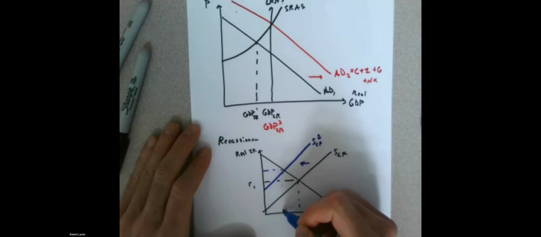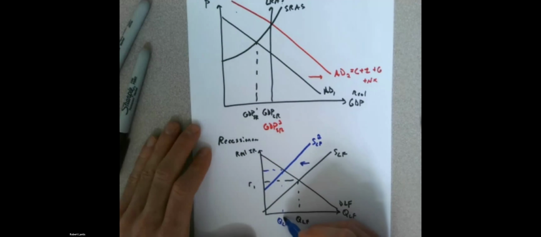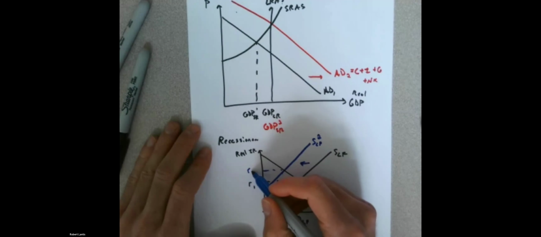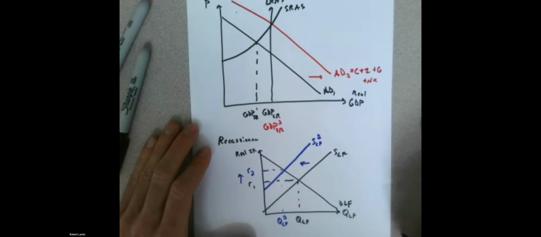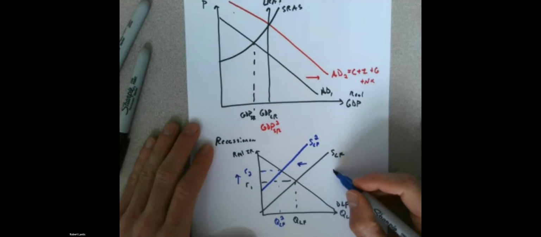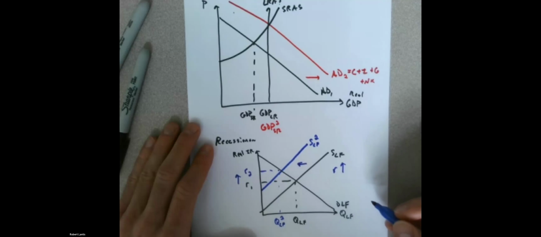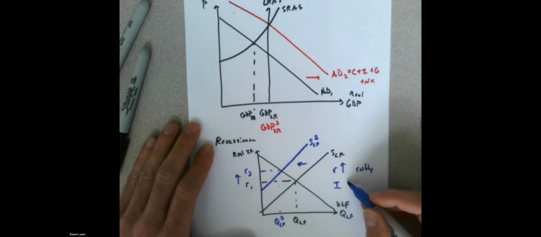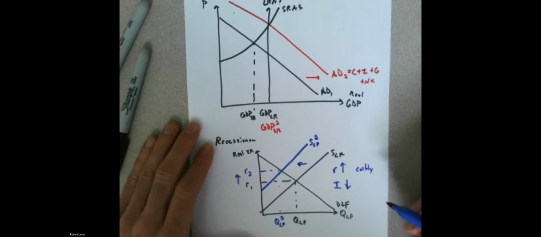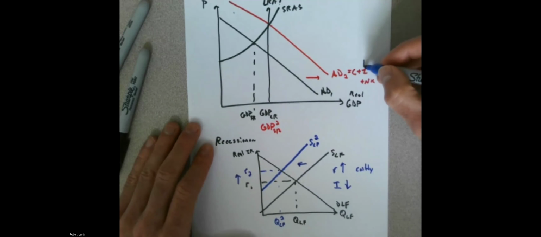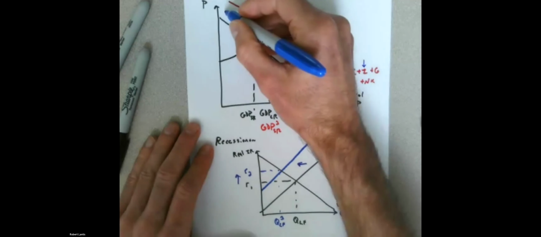That decreases our equilibrium amount of loanable funds, but the thing we're going to focus on is that it increases real interest rates. If real interest rates increase, it's more costly to borrow, in which case investments into physical capital are going to go down. Well, if investments into physical capital go down, what actually happens?